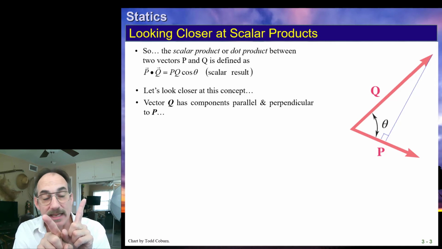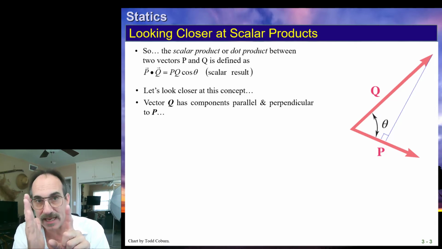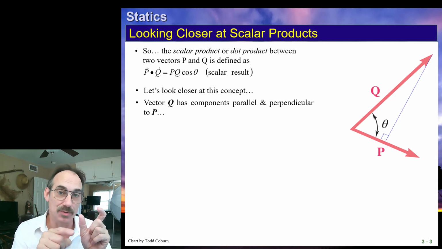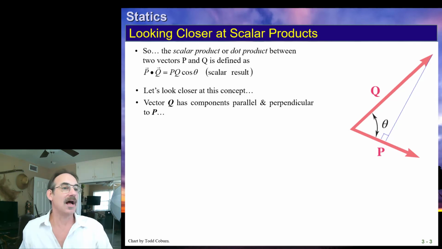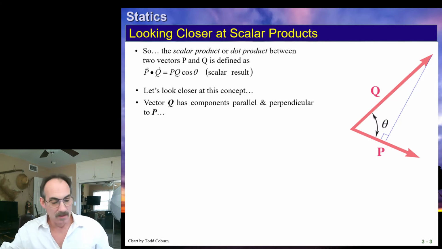If we look at the angle between these two vectors, we see that if we draw a line perpendicular to P going through the tip of Q, we find out that Q has a component parallel to P and a component perpendicular to P. Let's look at that.